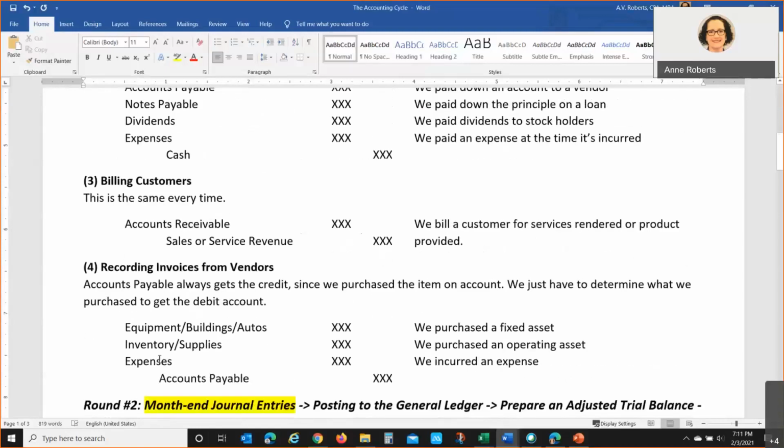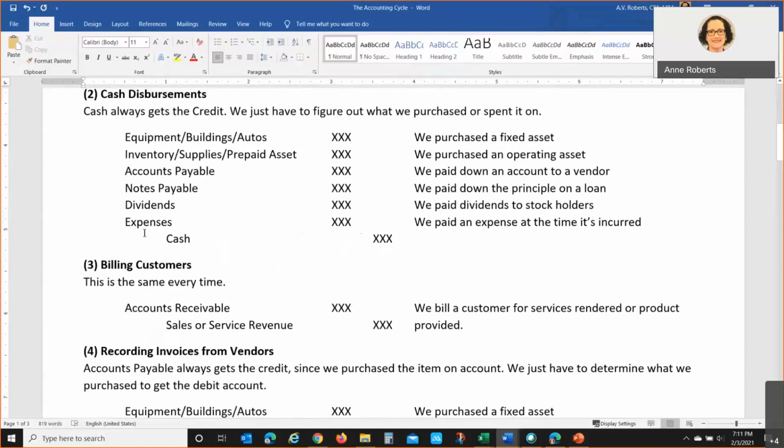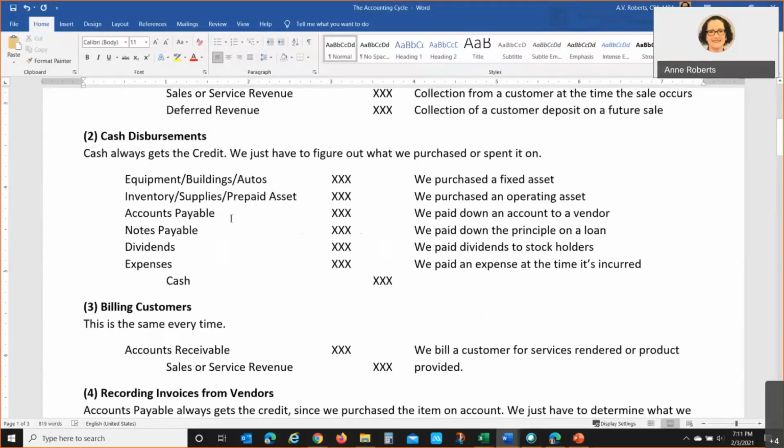Sometimes they will call these prepaid assets, they won't specifically refer to them as prepaid insurance, prepaid advertising, or prepaid rent.